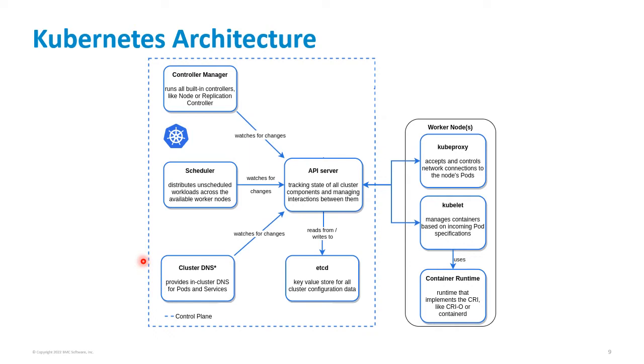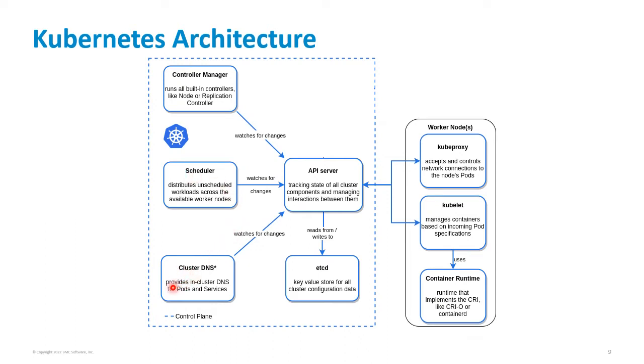The control plane components make global decisions about the cluster, as well as detecting and responding to cluster events. The API server is tracking the state of all the cluster components and managing interactions between them. The scheduler distributes unscheduled workloads across all of the available worker nodes.